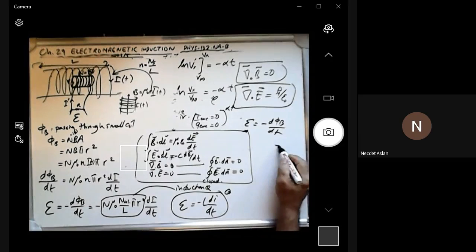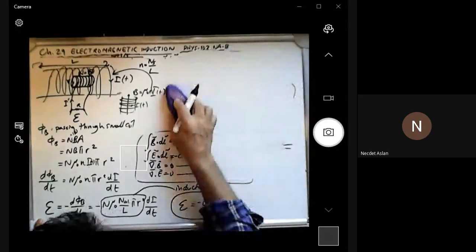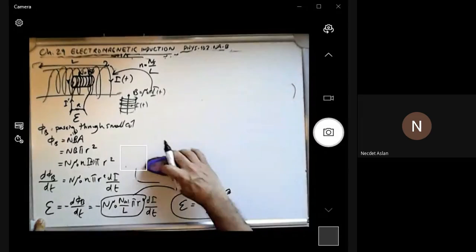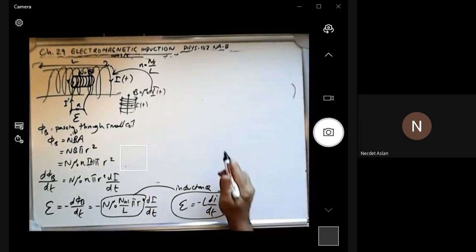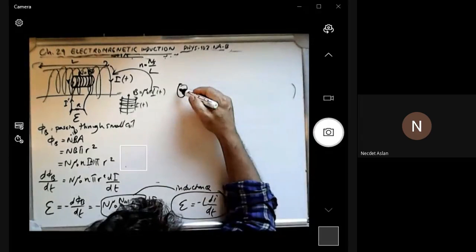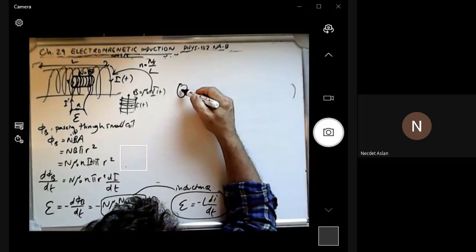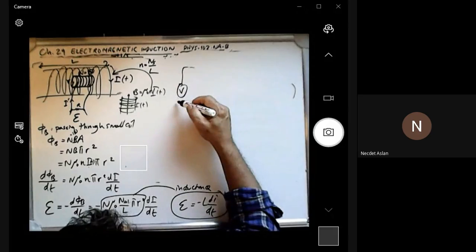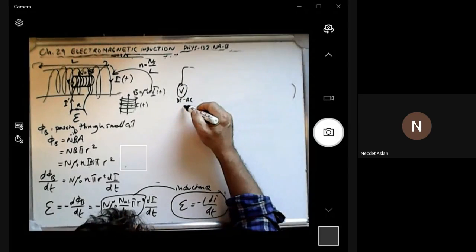Remember that if you have a capacitance, let's do it here. We will use this property in circuit analysis. Suppose that we have some kind of power supply, voltage given, DC or AC, doesn't matter.